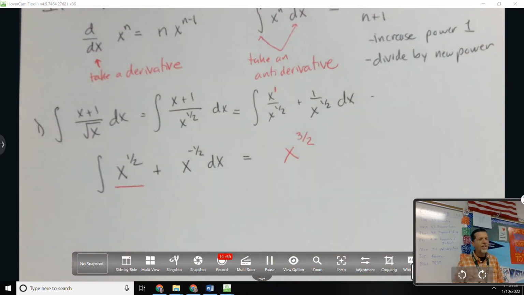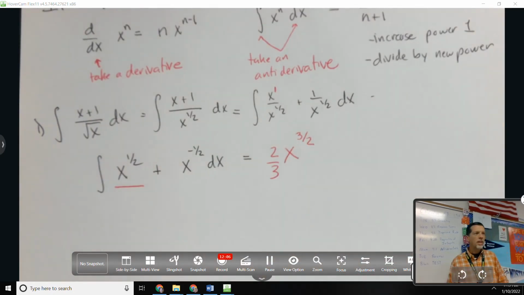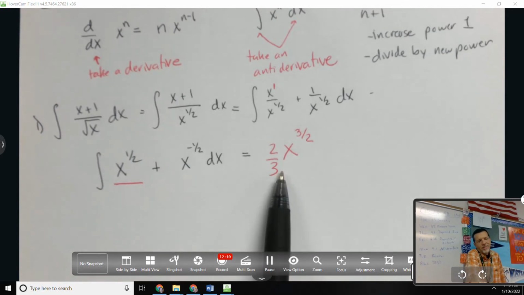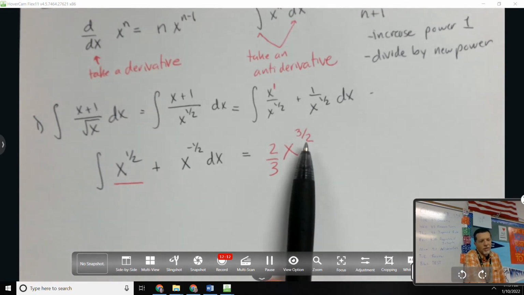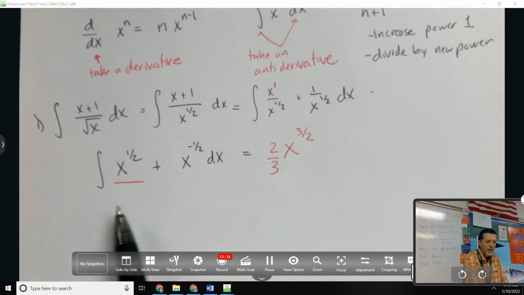Now I could divide by 3/2, but that's going to look weird, and I'm going to have to fix it anyway. What's the same thing as dividing by 3/2? Multiplying by 2/3. That's also one where people might just kind of figure it out. I know it's going to be 3/2, which means 2/3 needs to be there so that everything cancels and I get back to x to the 1/2.